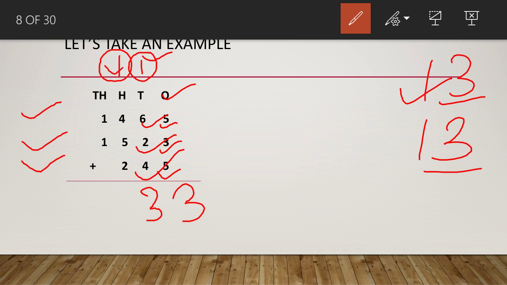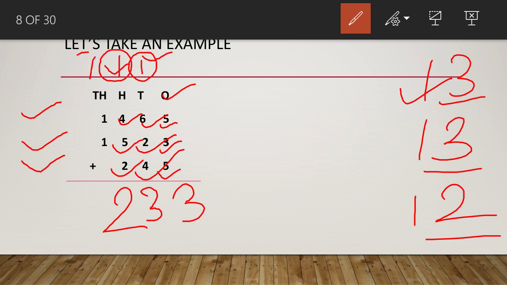So the numbers are 1, 4, 5, 2. Thus the sum will be 12. Now we will write 2 at the hundred place and we will put 1 at the thousand place as carryover.